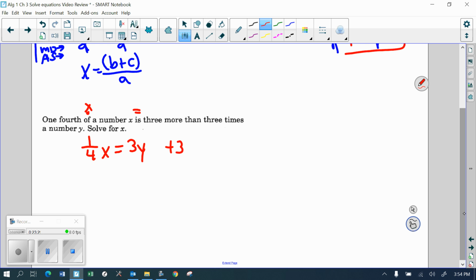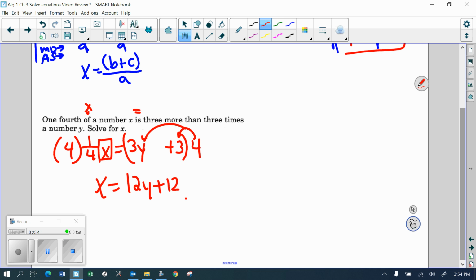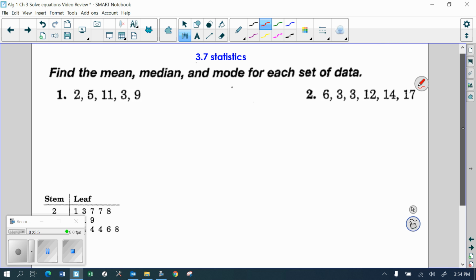Solve for x. I want x by itself. It means I would get rid of the 1/4, which means multiplying both sides by 4. So now I get x equals, and I distribute this 4 through there, 12y plus 12. And there's my answer.